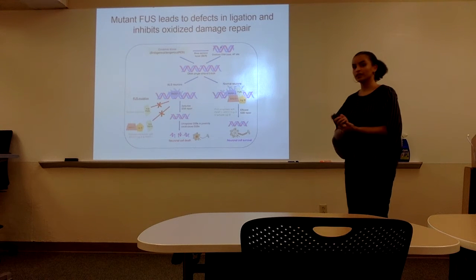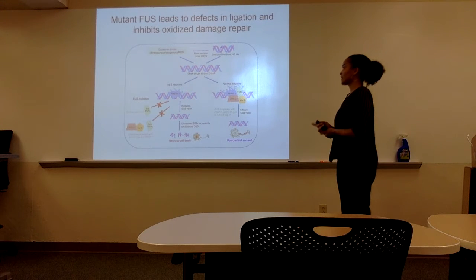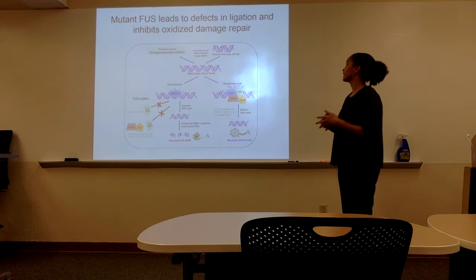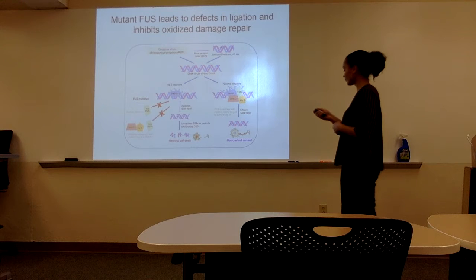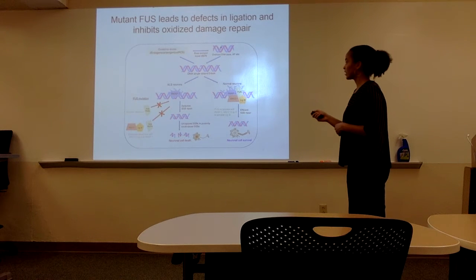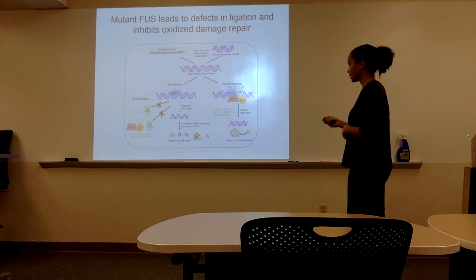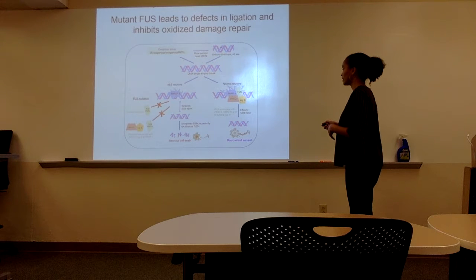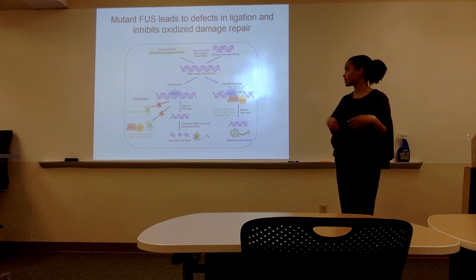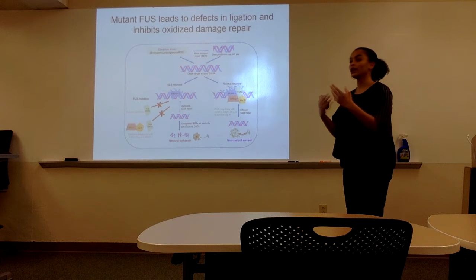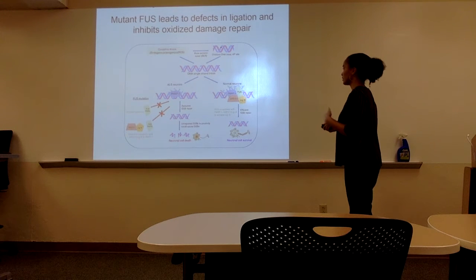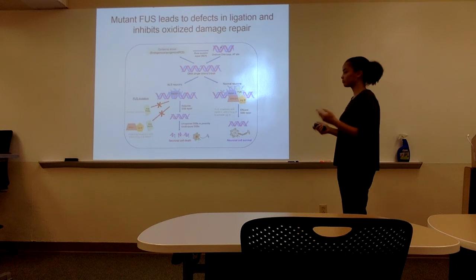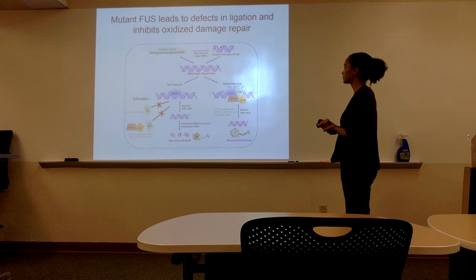So in conclusion, they found that mutant FUS leads to defects in ligation and inhibits oxidative damage repair. Here you can see that if there is a DNA single-strand break, PARP1 is going to be able to recruit XRCC1 and LIG3 when FUS is present. That would lead to efficient single-strand break repair and then lead to neuronal cell survival.